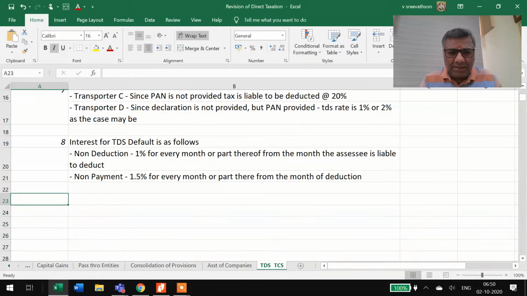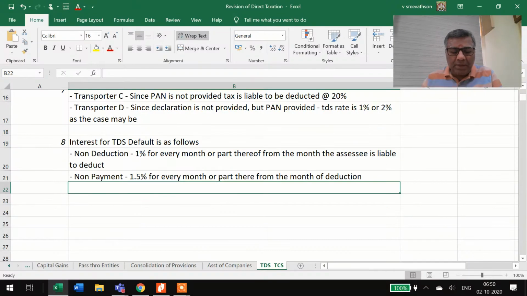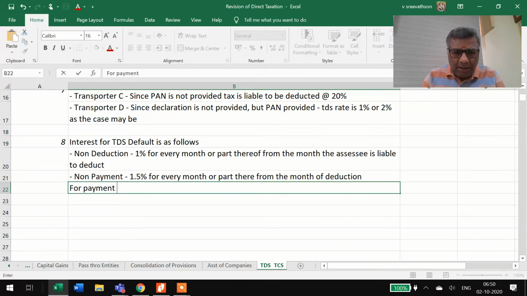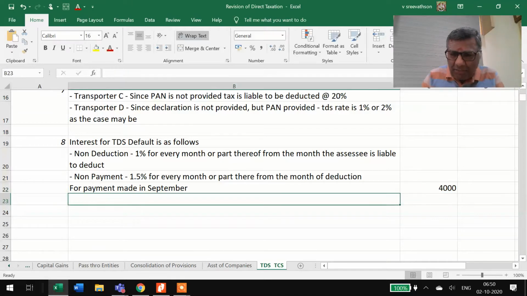So in this case, how is it working out for Nandita? 40,000 in September. September to Feb: September, October, November, December, Jan, Feb, 6 months, at 1%. So for payment made in September, the assessee should have deducted 40,000 into 10%.